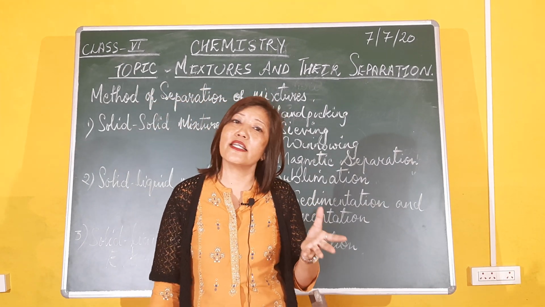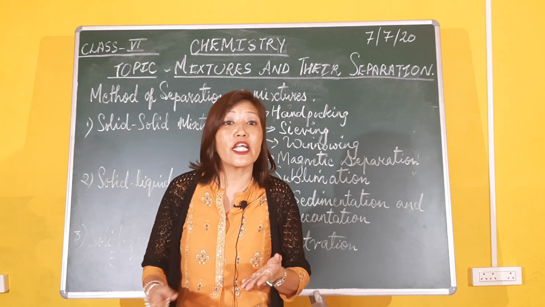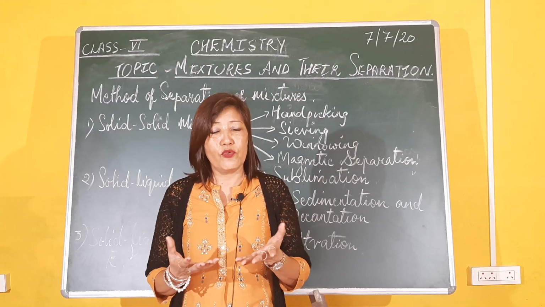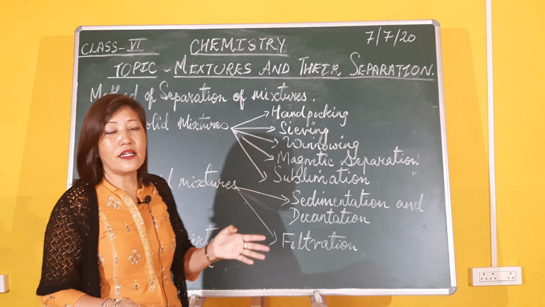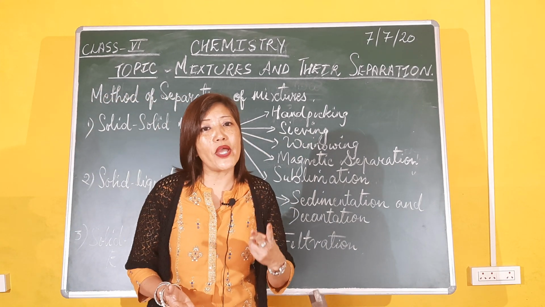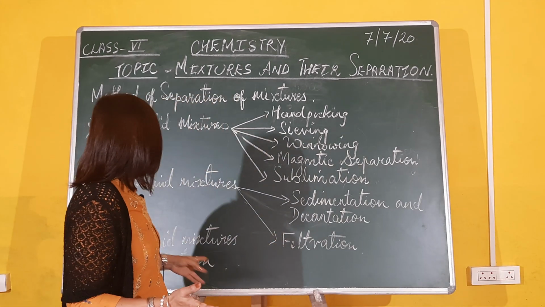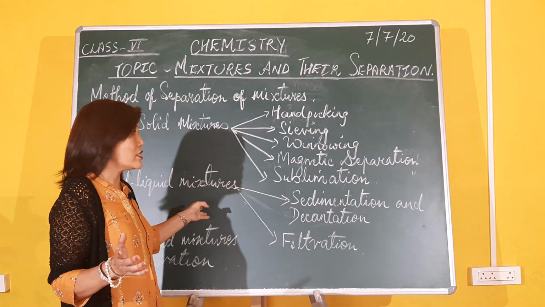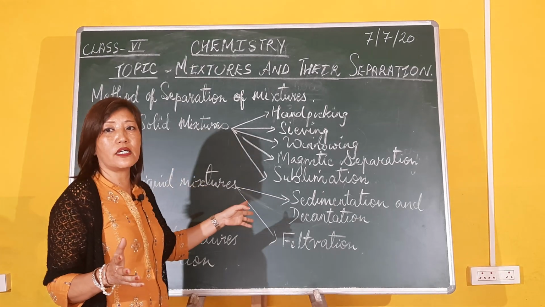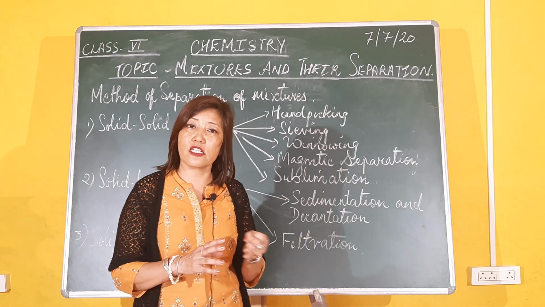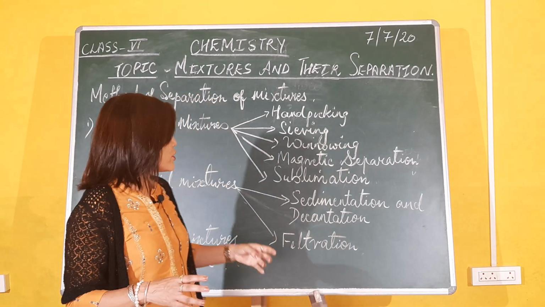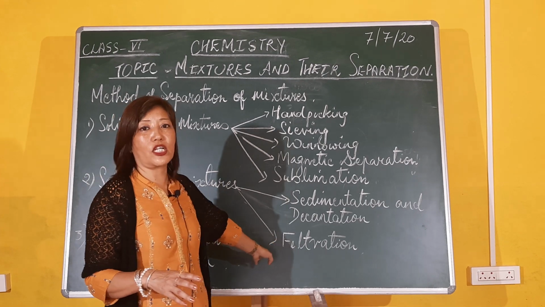When you add sand in water, sand will not get dissolved in water, which is an example of solid liquid mixtures. And there are 2 ways to separate solid liquid mixtures: number 1 is sedimentation and decantation, then number 2 is filtration.